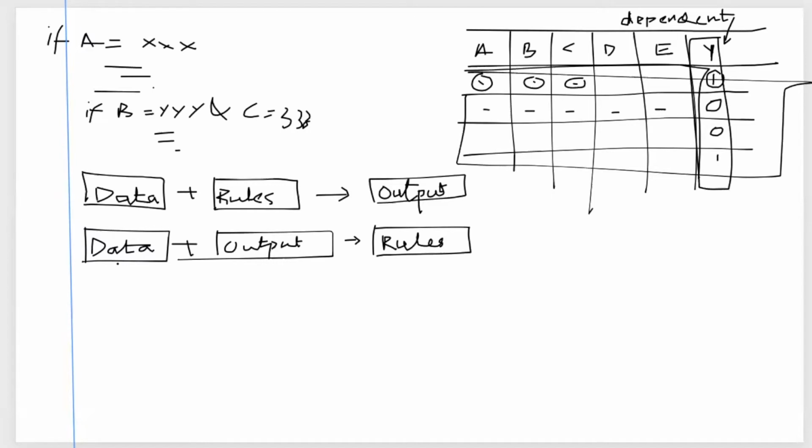We are supplying the data and the output and telling the machine, based on this data and the output associated with each of the data items, you make your rules which you will use for determining how the output can be determined. Now, is it clear?